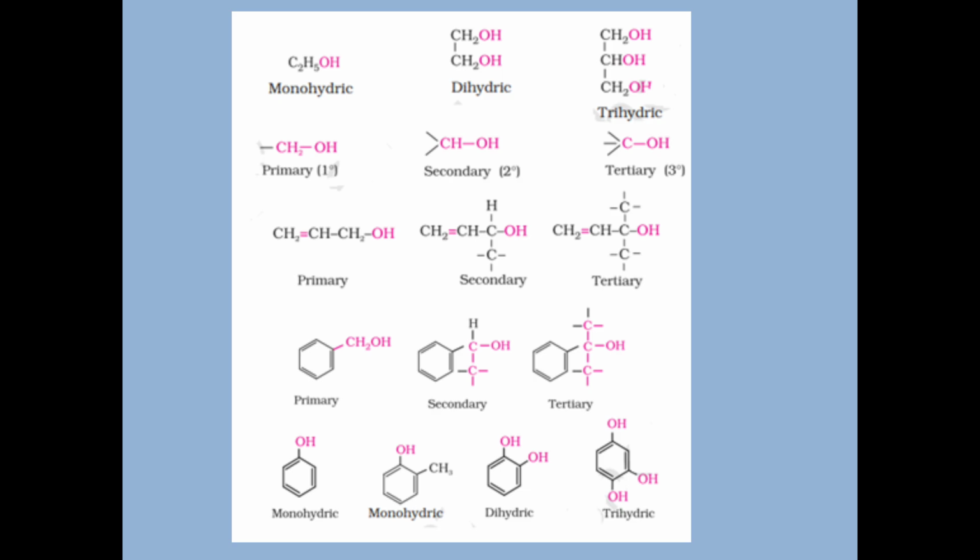Today I will start this chapter on alcohols, phenols and ethers, to discuss it in great detail. First is an example of monohydric alcohol, second is dihydric alcohol, third is trihydric alcohol.